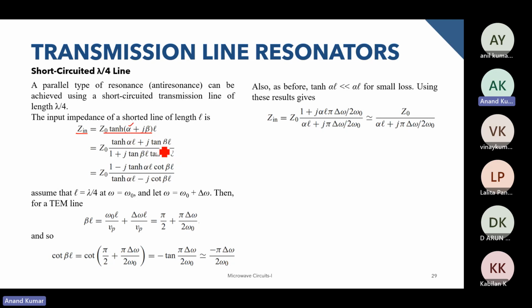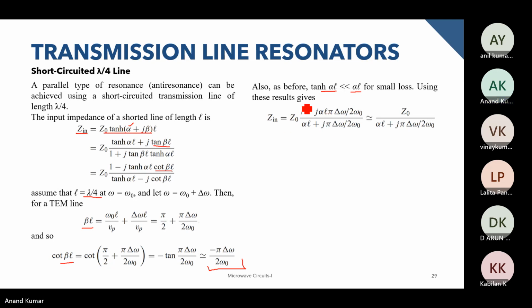Instead of tan beta L, we used cot beta L, and found the beta L value for L equal to lambda by 4. Once we had the beta L value, we found the cot beta L value, which came out to be this value over here. And tan h alpha L for small values can be written as alpha L.